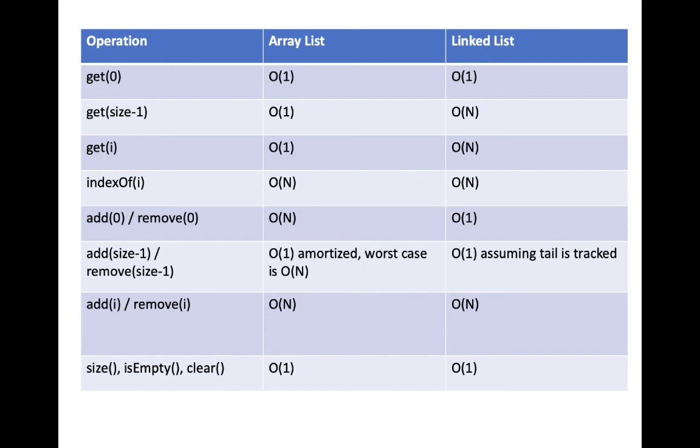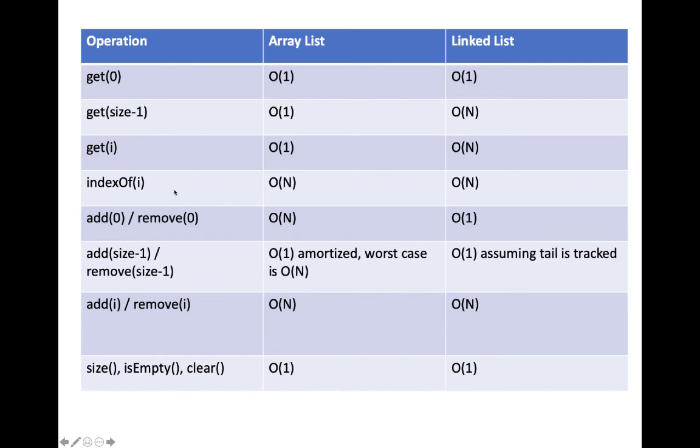But the way to think about this is it's order one most of the time, and order n sometimes, as a worst case. You only hit that worst case a few times. If you keep doubling the size of the list, you're only going to hit that worst case log n times. But the idea here is that the operation for array list isn't always order one. It's just order one most of the time, and every now and then it's order n.